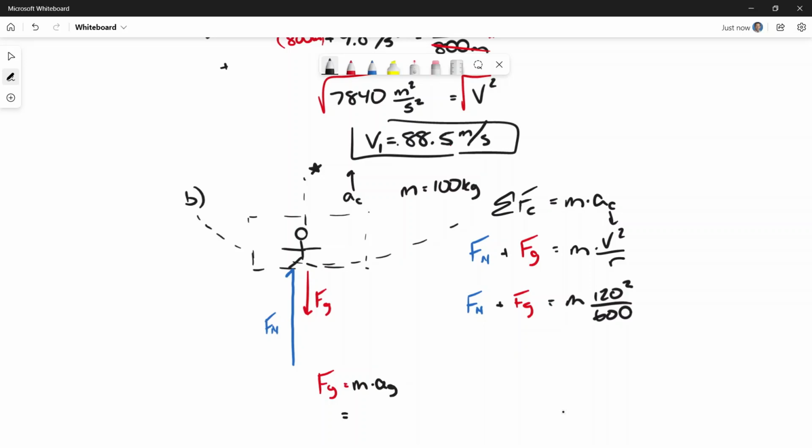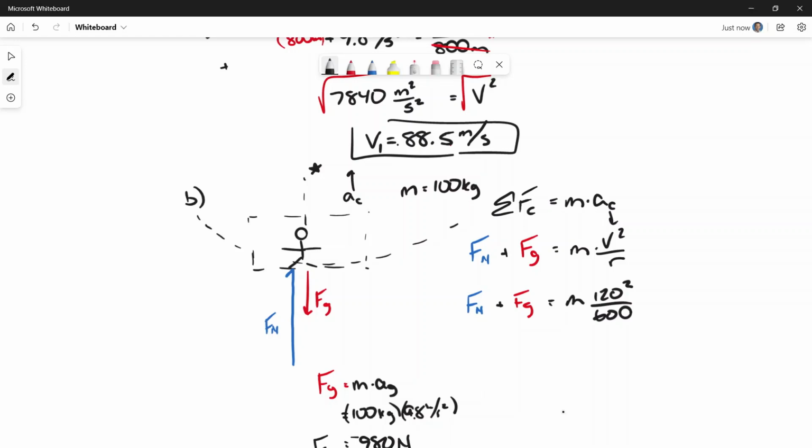So in this case, it would be 100 kilograms times 9.8 meters per second squared. So I get 980. Fg is 980 newtons. Now, what direction is that? Fg is outward, so I'm going to make it negative. Fg is negative 980 because it points outward.